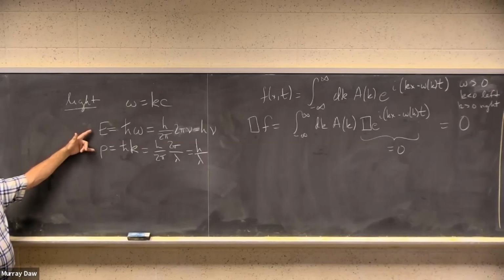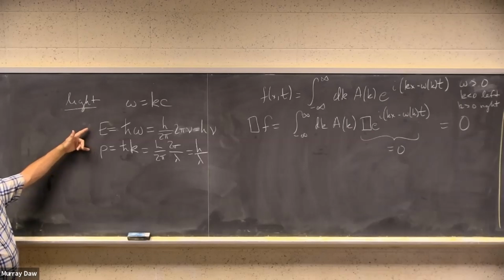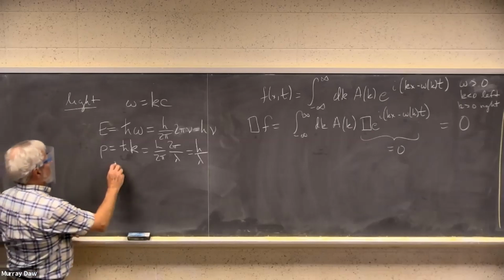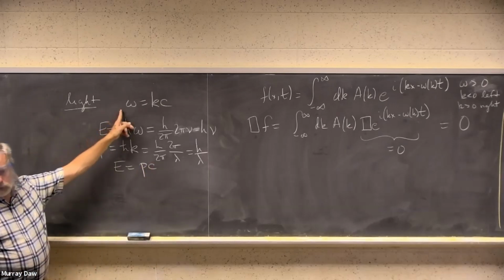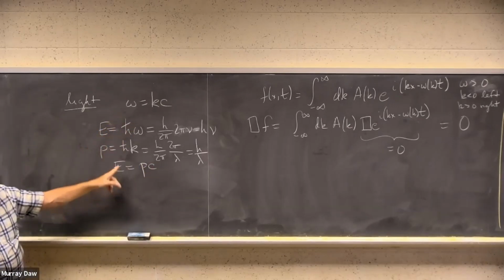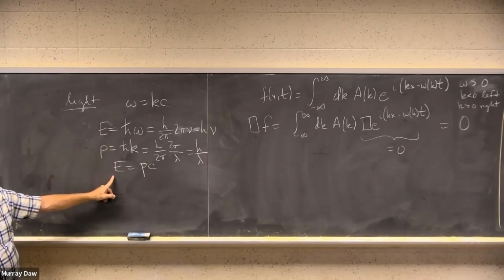They don't quite understand exactly what they mean. But notice that for light, if we take the dispersion relation for light and multiply by Planck's constant, we come up with this.